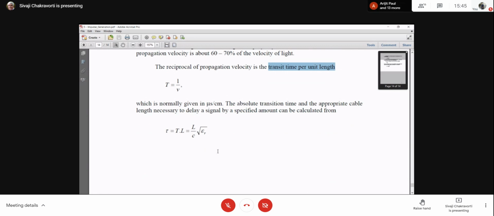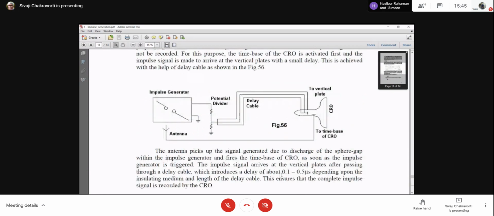And by controlling this L, we can control this time, so that if required, we will put a 20-meter cable or 30-meter cable, so that this signal on the Y plate will always come, let's say 1 microsecond after the antenna signal.